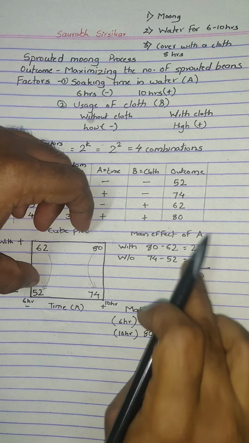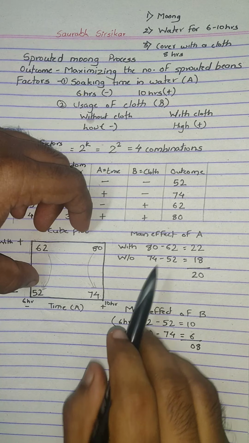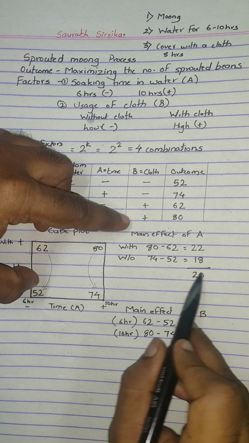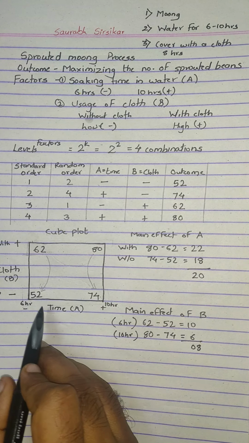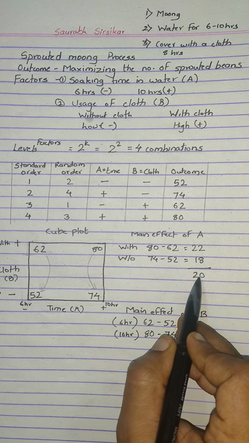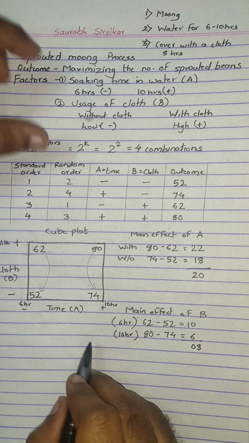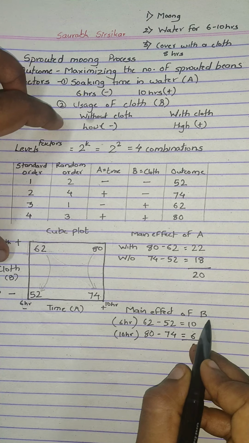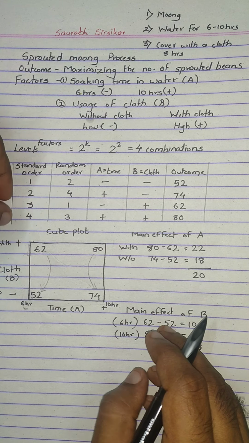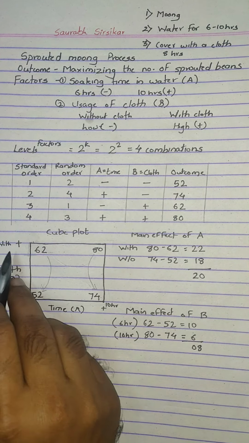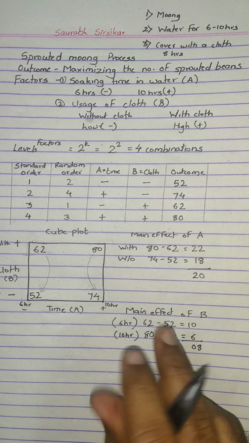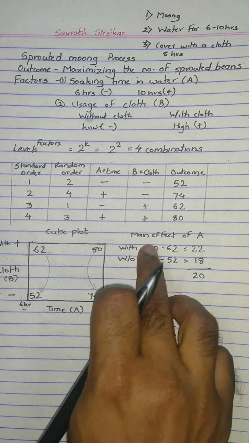After doing this we came to know that the main effect of time is that on average, if we move from 6 hours to 10 hours, 20 sprouts will be added. The main effect of cloth is that if we go from without cloth to with cloth, we have an additional 8 beans sprouting. So this is our study of main effect.